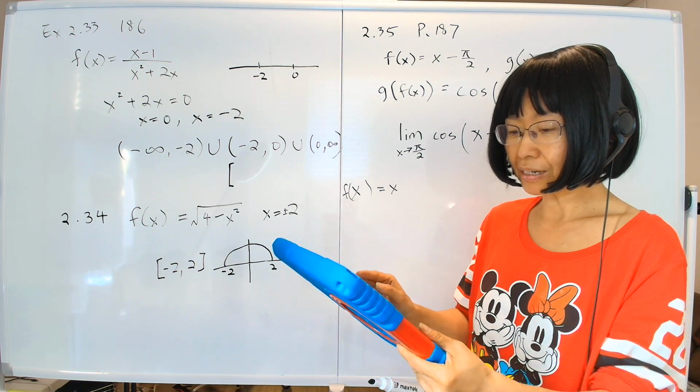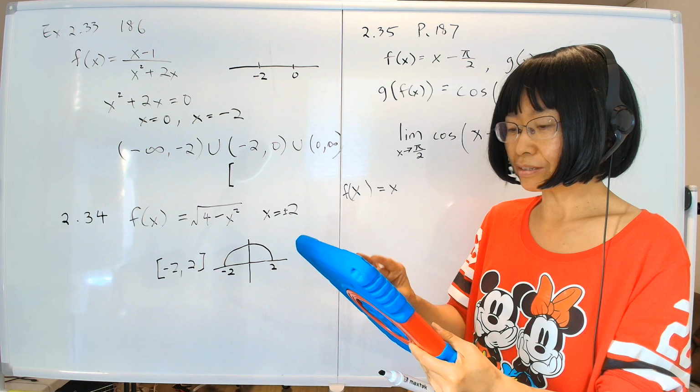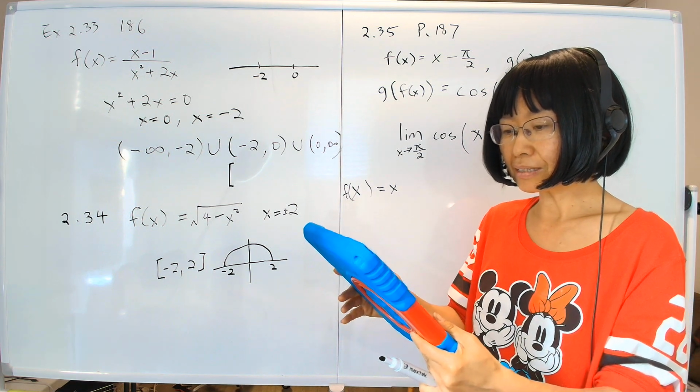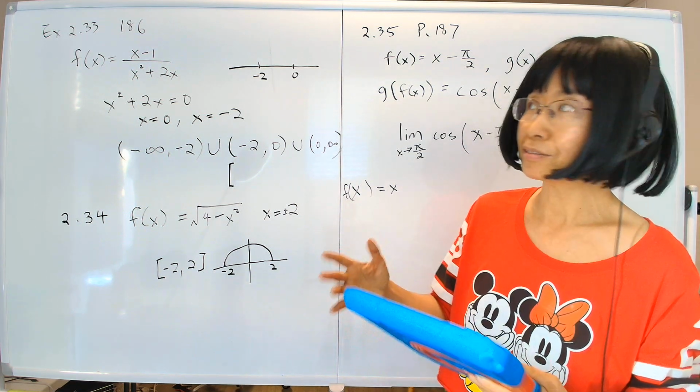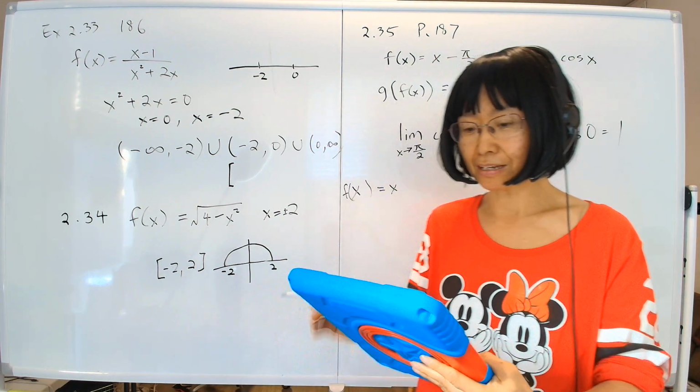So moving along to the intermediate value theorem. The intermediate value theorem is something that shows you where continuity can come in handy.